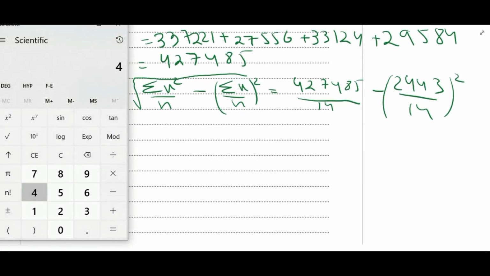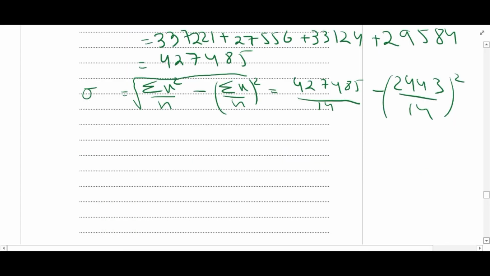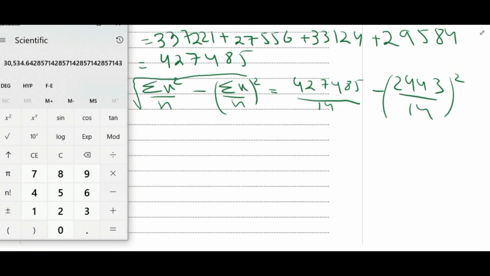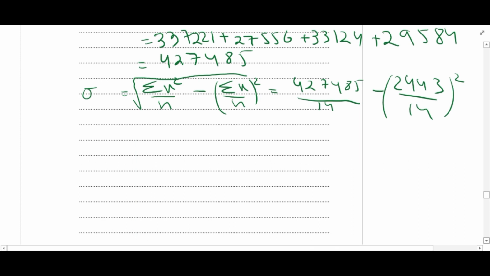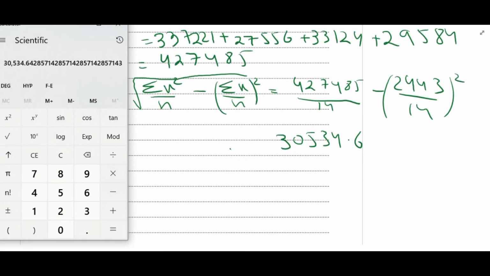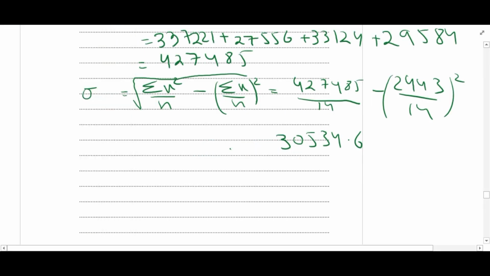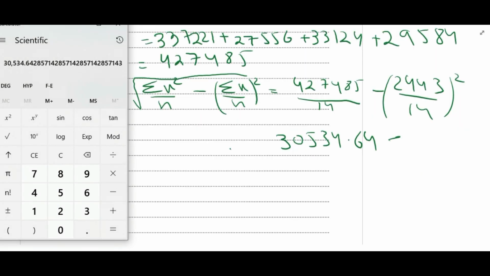Next we are going to find with the calculations. So if you go to your calculator, this will be 427,485 upon 14. This is 30534.6.